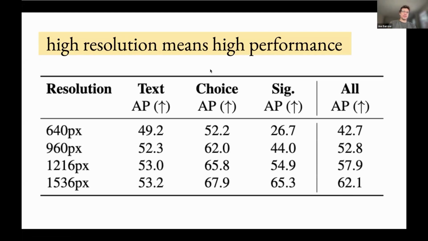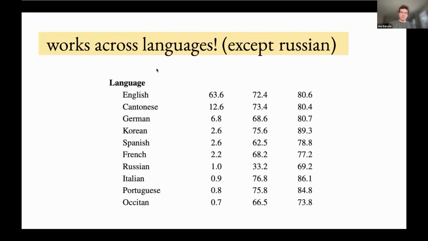And I think this takeaway is the same across the board. If you look at the recent DeepSeek OCR paper, they say the exact same thing. Most document AI papers in the past several years have some nod to the fact that high resolution just improves performance across most tasks.